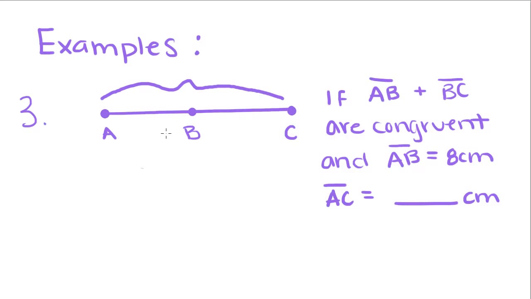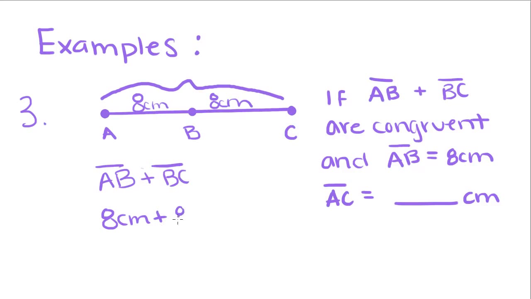So if AB is equal to 8 centimeters, that means that BC also has to be equal to 8 centimeters. So to find the whole length of this, we're going to add AB and BC together. So we get 8 centimeters plus 8 centimeters equals 16 centimeters. So AC equals 16 centimeters.